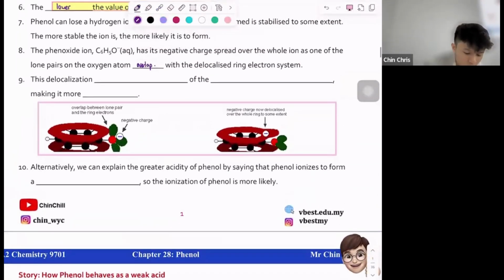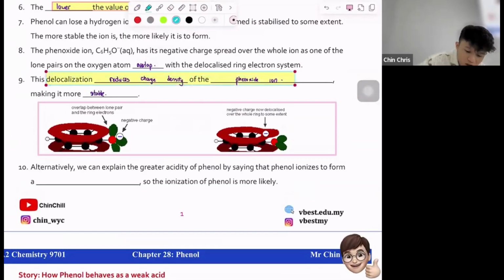This delocalization reduces the charge density of the phenoxide ion, which makes it more stable. Highlight the words delocalization, reduces the charge density, more stable.